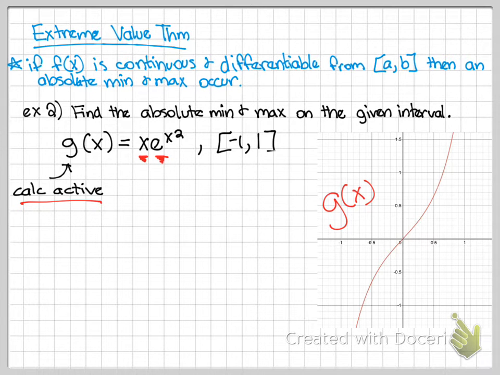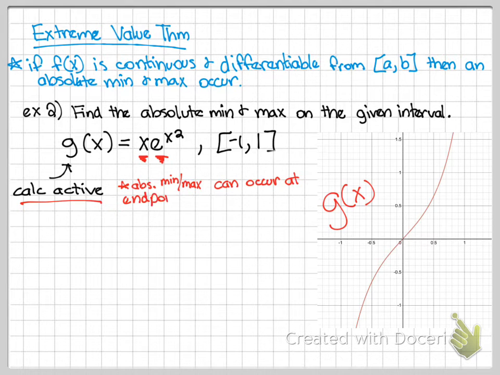Okay. Since I want to show you how to do this one in the calculator, in order to find an absolute min or max, remember there are 2 places where those can occur. An absolute min and max can occur at endpoints, so it could occur at -1 or 1.